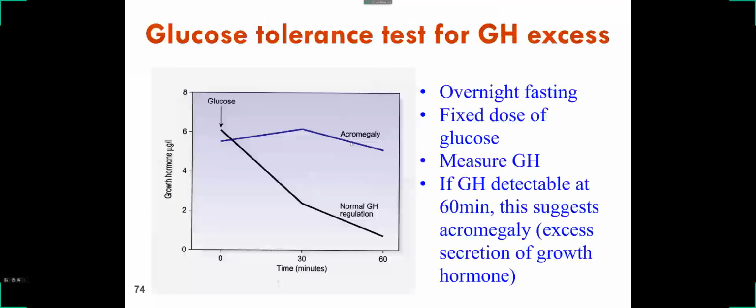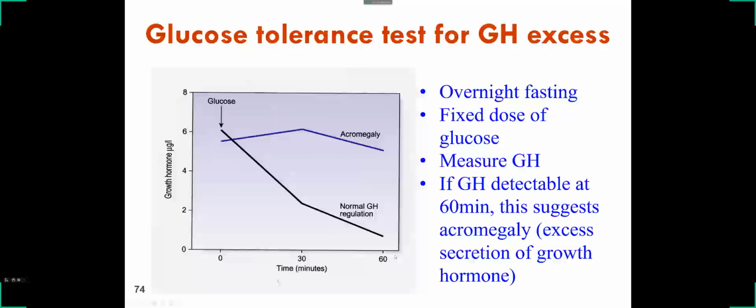So this is called a glucose tolerance test for excess growth hormone. Give the patient a little bit of juice or candy, and then you see what happens. This is after overnight fasting. If GH is detectable at 60 minutes, that suggests acromegaly, if there's excess secretion of the growth hormone.